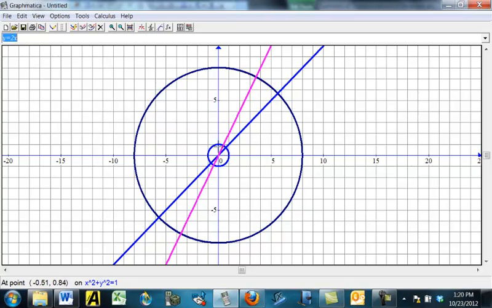Now if I compress this down and say replace x by, say, 2x, and then do the same for y, replace y by 2y, now everything's half as big. And again, you get these points, pre-image, image, and origin in a line.